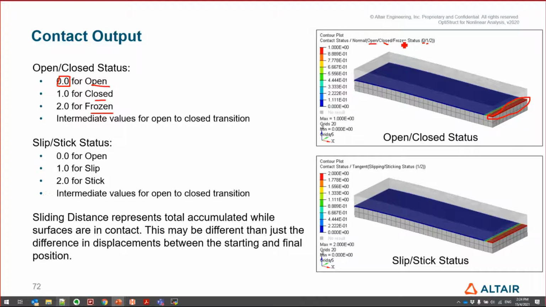If you see a 2, that means it's frozen. The same goes for the output for slip and stick, especially if you have kinematic friction. So we convert the discrete results into continuous values here.